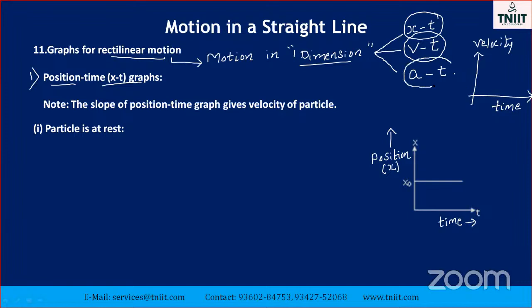Then what is the acceleration-time graph? It is the one where we plot the acceleration along the y-axis and the time along the x-axis. So these are the three different graphs we have in one-dimensional motion: x-t graph, v-t graph, a-t graph.